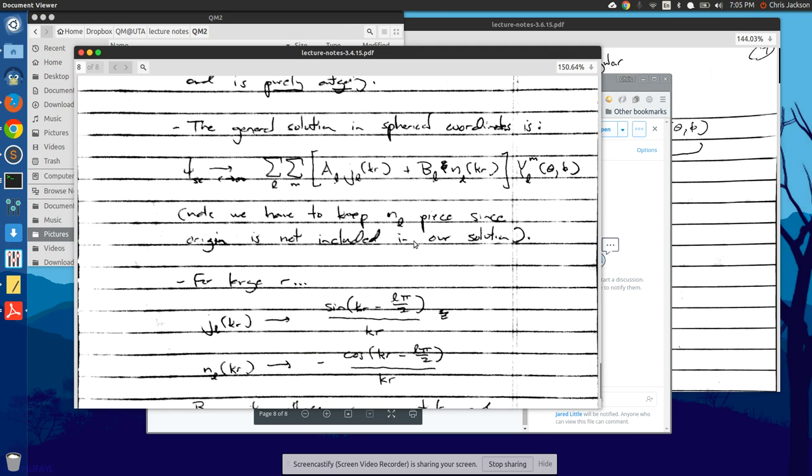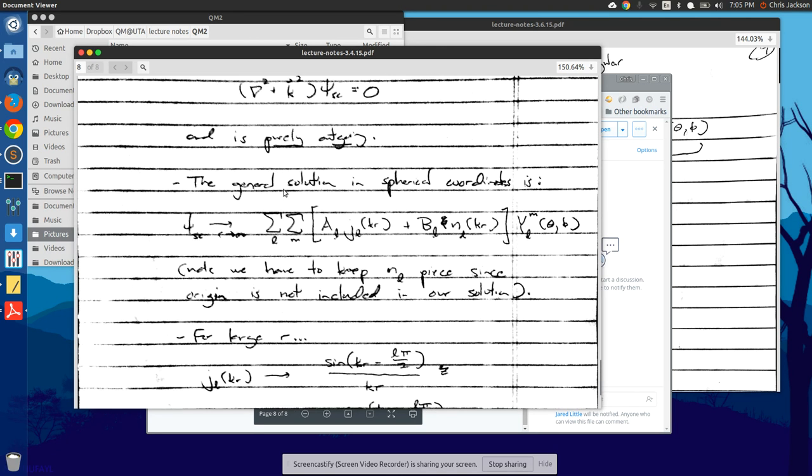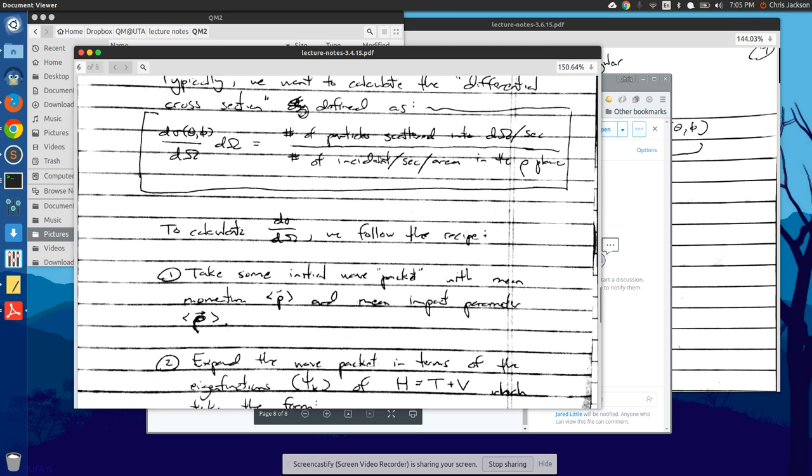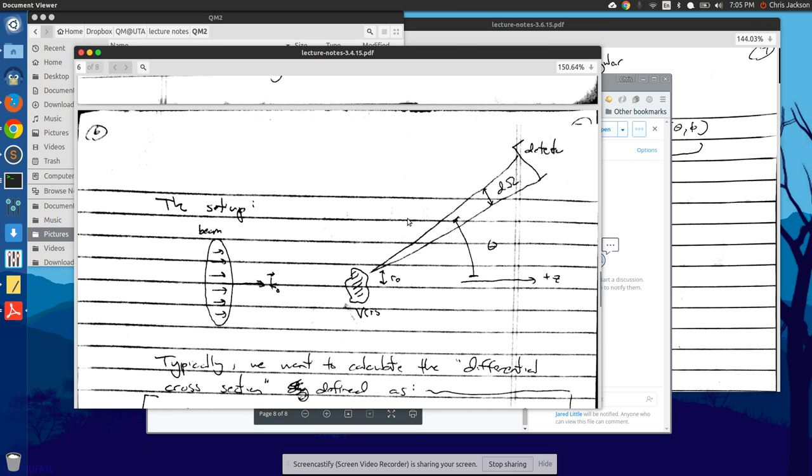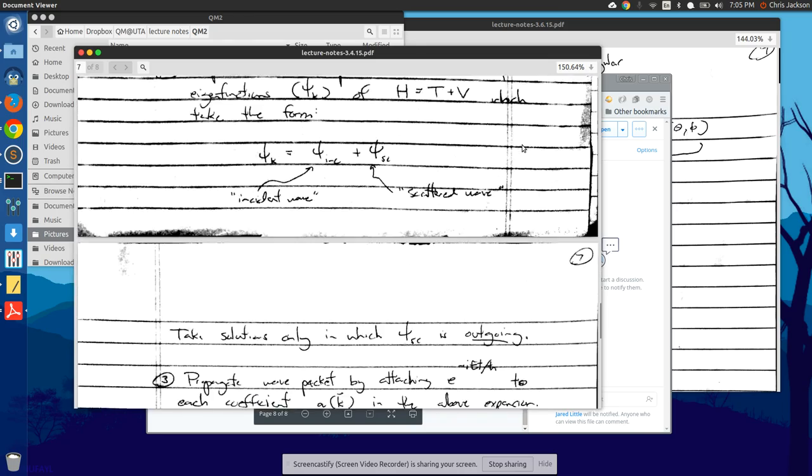However, we can simplify things a little bit because we're dealing with basically R going to infinity, right? The range of this potential is very, very small, microscopically small, compared to the macroscopic distance between where the scattering takes place and the position of our detector.